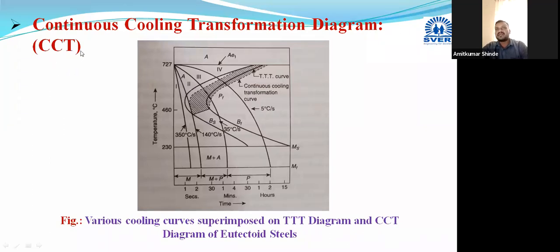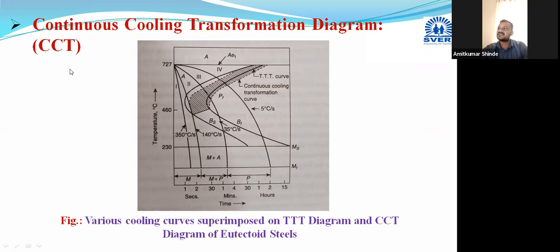Then I keep them in a second furnace where the temperature is constant at 600 degrees Celsius, and one by one I will quench them and plot the curve. That is the TTT diagram. But in the continuous cooling transformation diagram, I will collect those 5 samples and keep them in a normal medium or air medium where the temperature of all the samples is continuously dropping.